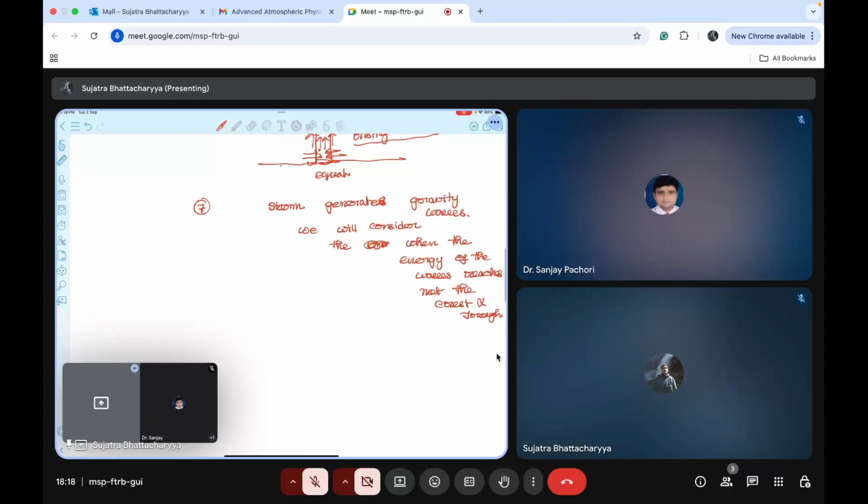This energy is generally transported through group velocity.